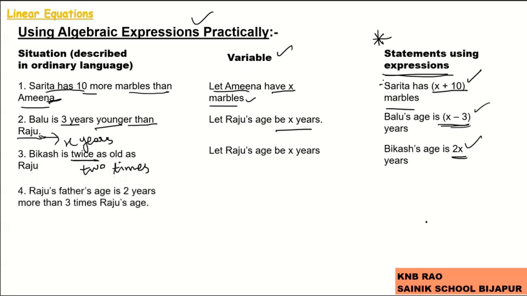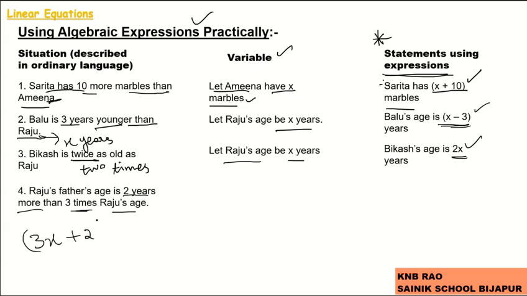Now the fourth one: Raju's father's age is 2 years more than 3 times Raju's age. Students, we have already assumed Raju's age as x years. Therefore, Raju's father's age is 2 years more, that means plus 2, than 3 times the age of Raju.